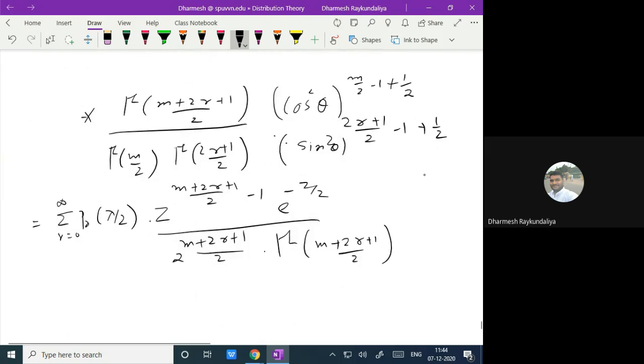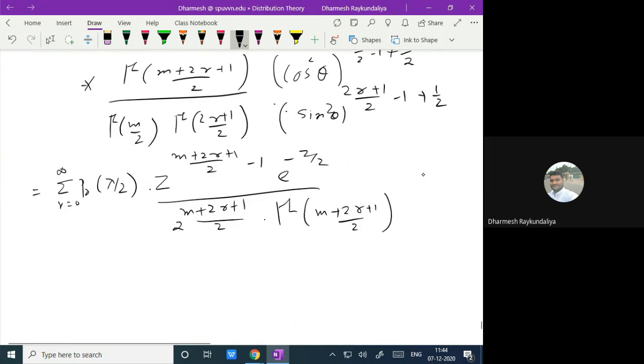Okay, so this is nothing but, and into 1 upon, what we can write, it is a form of the beta function of m by 2 and (2r plus 1)/2, into cos square theta.